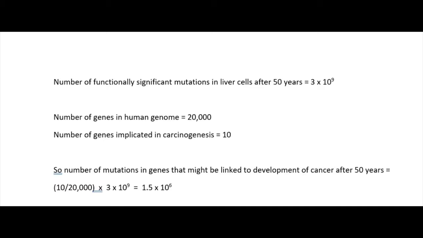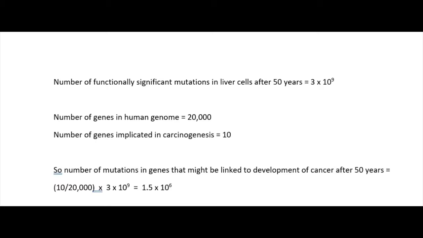Now, of course, most of those won't have any effect on cell division because most of those genes that are affected have completely different roles, which in no way impact on triggering the division of cells or anything else linked to it. So we can modify that number to take account of that.